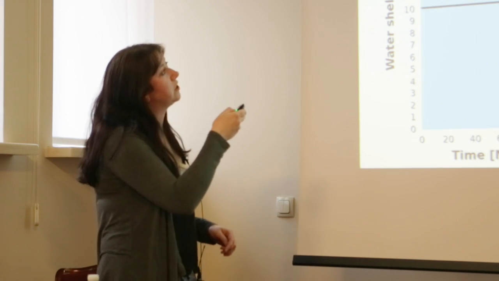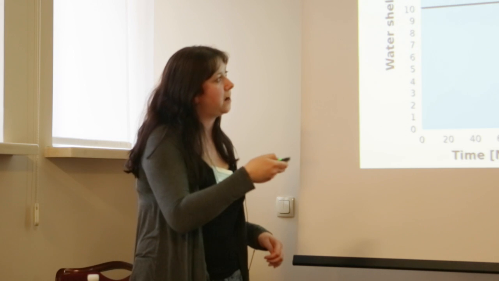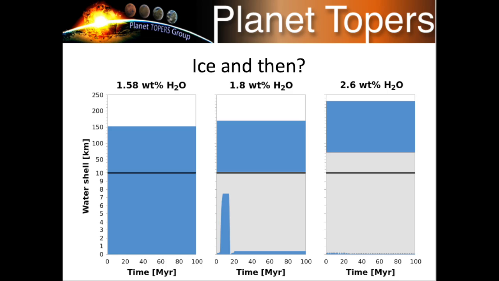If we go to slightly higher values of water, we have a high pressure ice layer, just in the bottom 10 kilometers in this case. But we can also have melting at the bottom of the high pressure ice layer for a few kilometers.